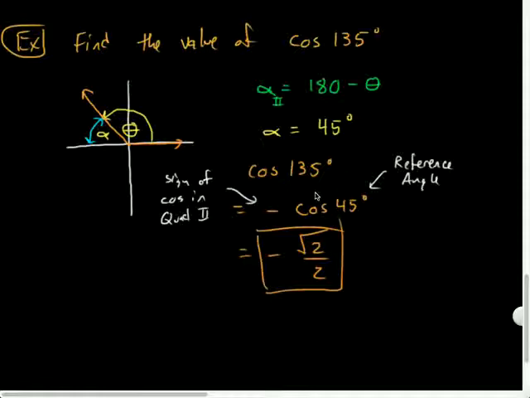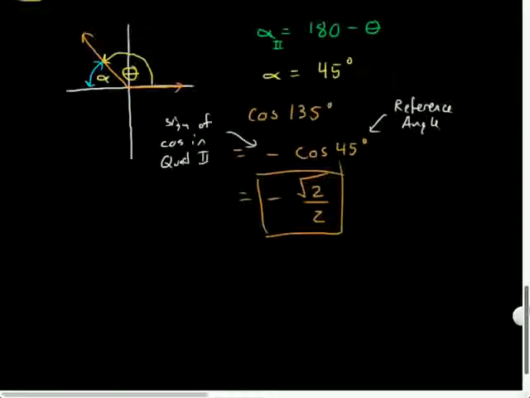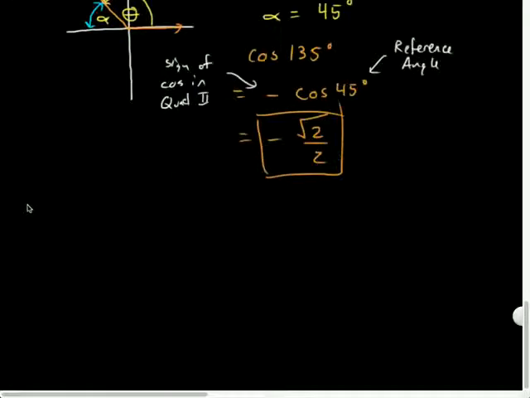All right, so let's try another one of these here, and then I'll show you the trick. So let's find, evaluate maybe, what the sine of, let's say, 240 degrees is.